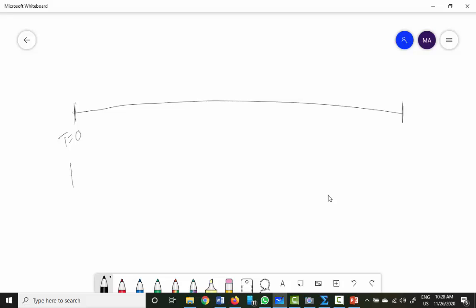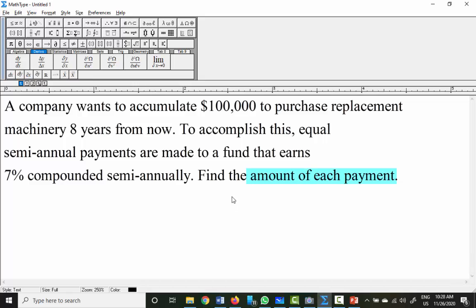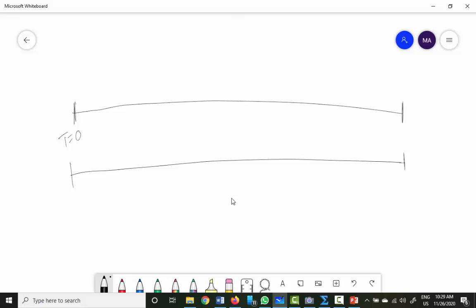The company needs how much money? They need $100,000 8 years from now.